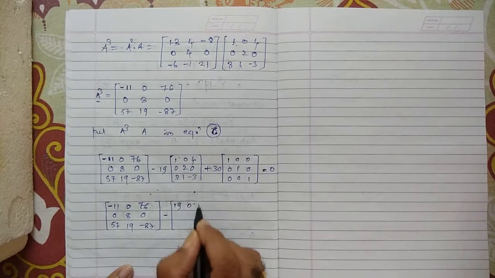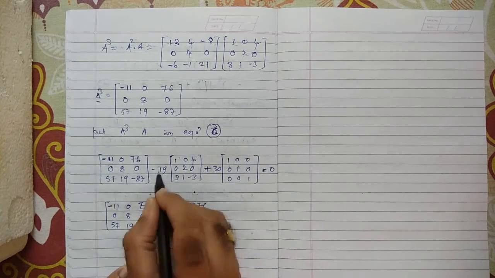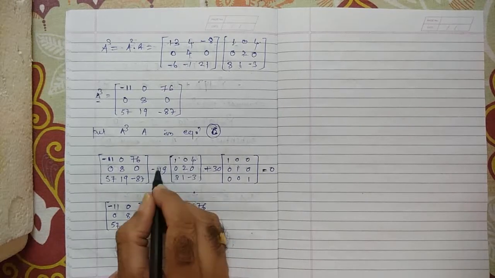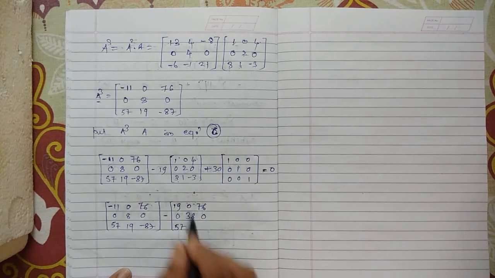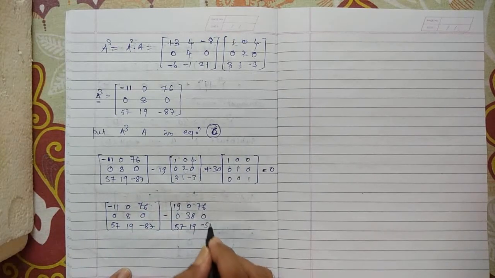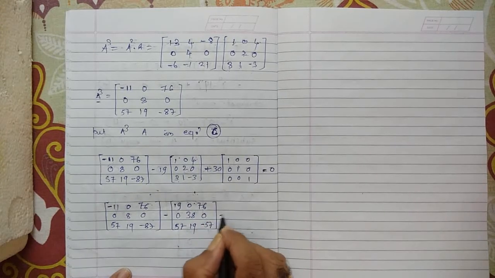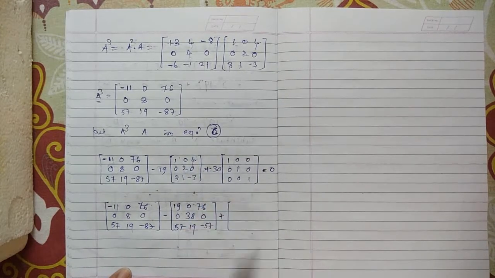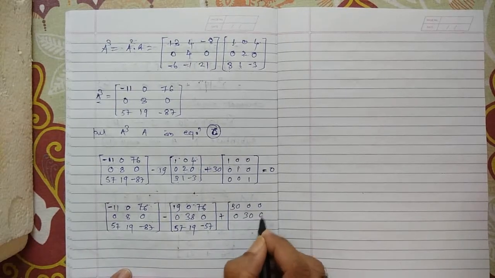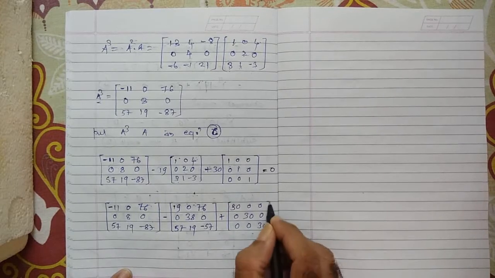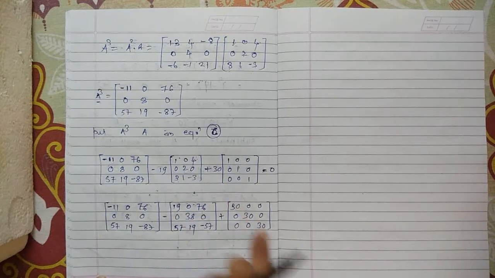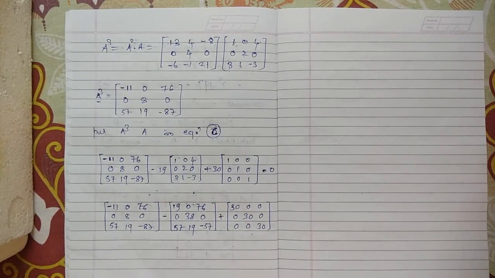So this becomes 19, 0, 19 into 4 that is 76, 19 into 0 is 0, 19 into 2 is 38, 19 into 3 is 57, 19 into 1 is 19, and 19 into 3 is 57. Plus, we will multiply 30: 30 into 1 is 30, and the other elements are 0, so diagonally we have 30, 30, 30.